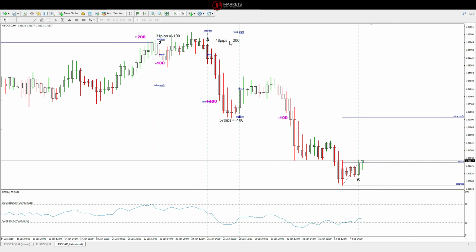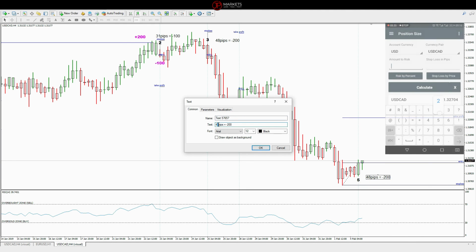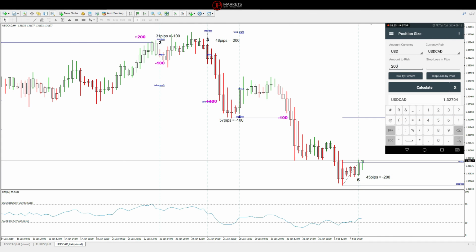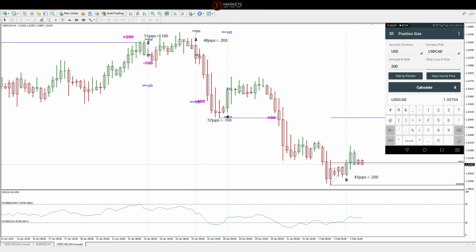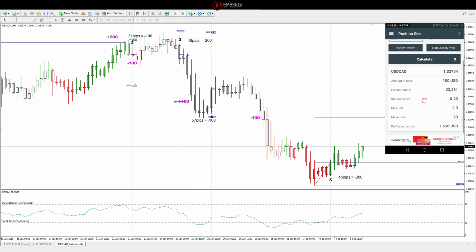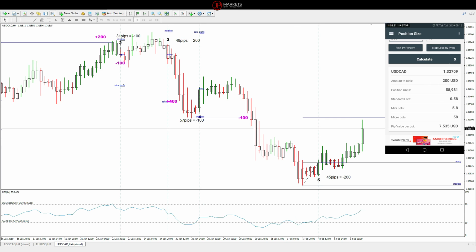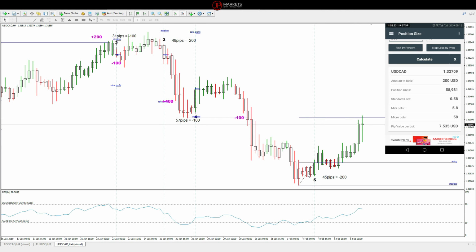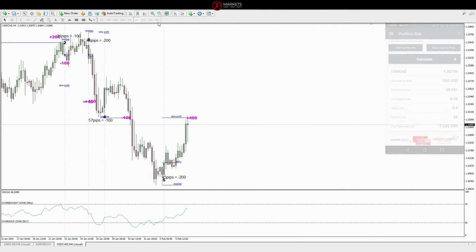And then let's calculate how many pips are in between the entry and stop loss. So we found that there's 44.3 pips between those. So we're gonna round off and say 45, and we're risking $200 on this trade. There we go, we just hit take profit, meaning we're taking home a total of $400 from this deal.